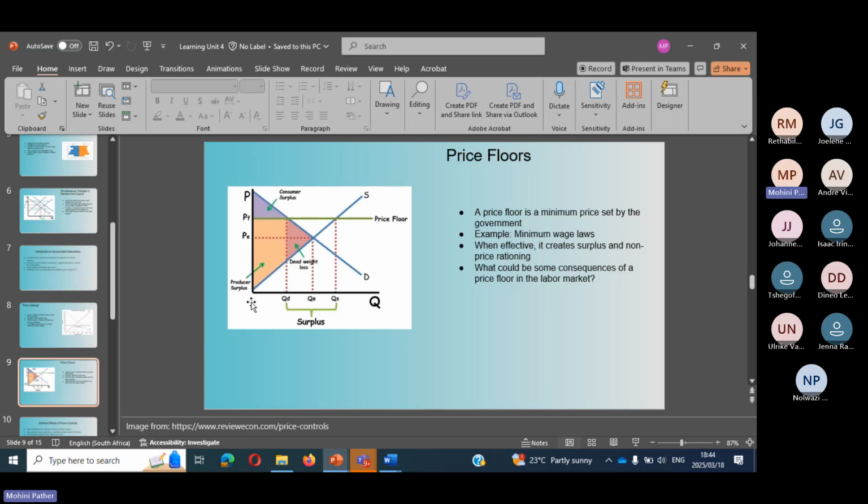The more people are willing to pay, the more of us are willing to work. From a demand standpoint, for producers, the more we demand, the less people they want to hire.